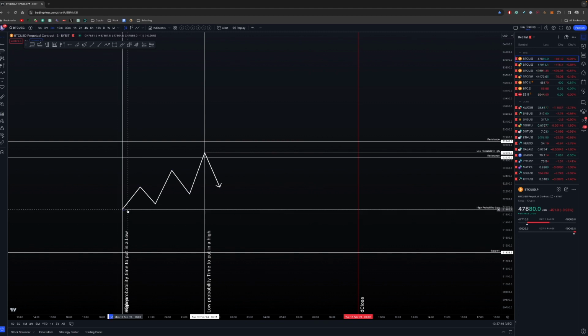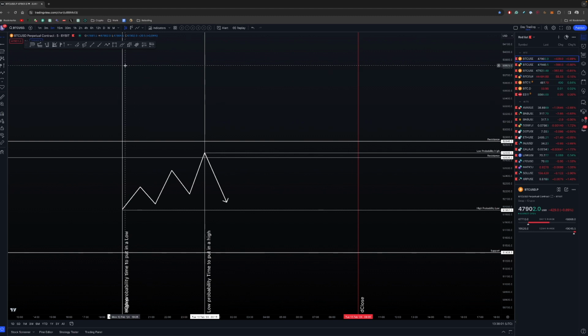So the low was put in during a very high probability time zone, and the high was put in during a low probability time zone. Now, how does this help us? Say we retrace all the way to here.